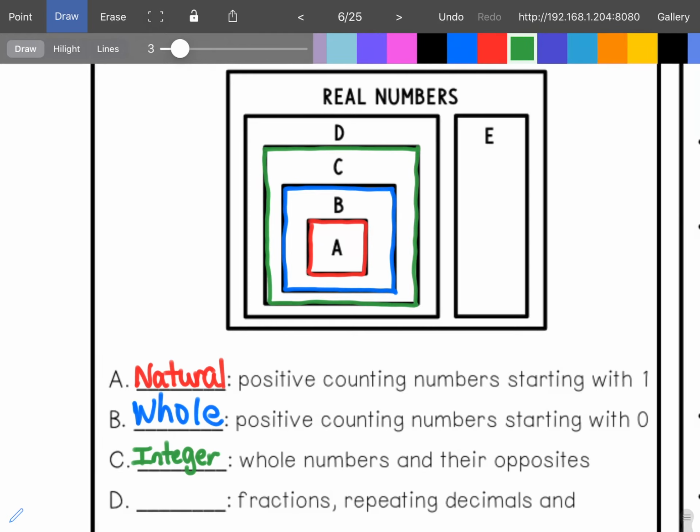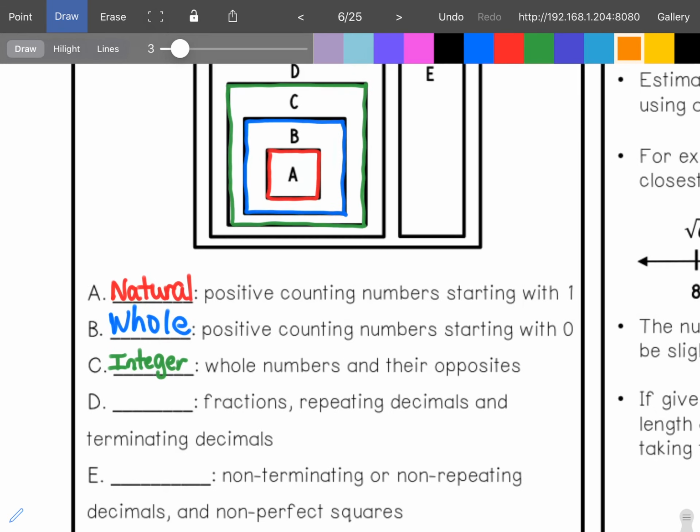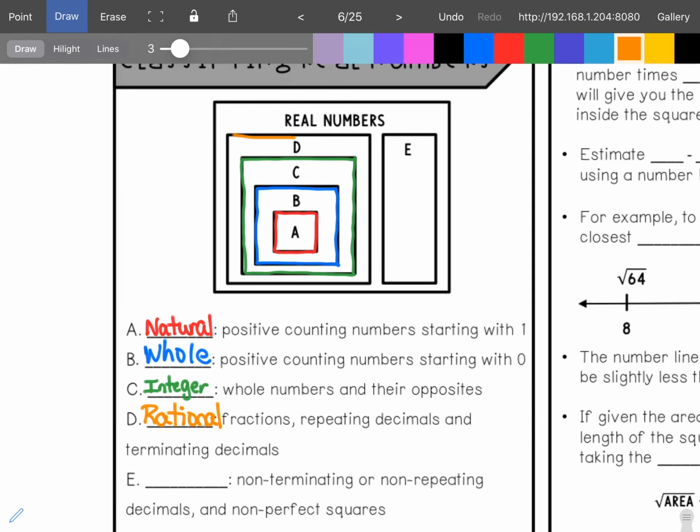So integers include the whole numbers. They include the natural numbers. Okay. And then we have fractions. D would be our fractions, our repeating decimals and terminating decimals. Those are called our rational numbers. And so that would be all of the numbers that we've already talked about, including fractions and decimals.